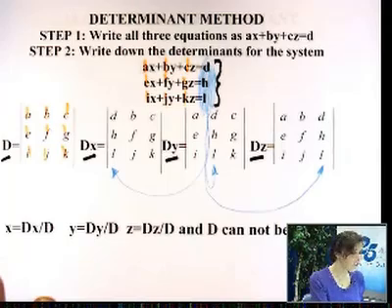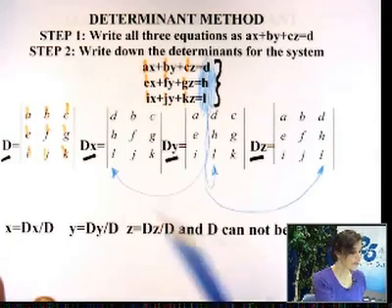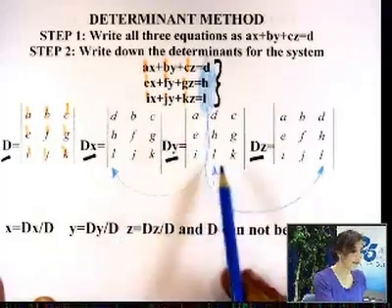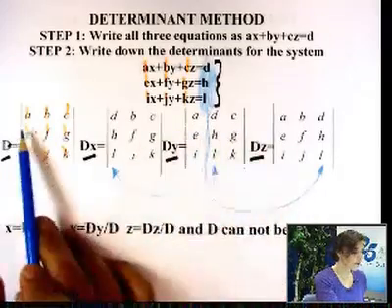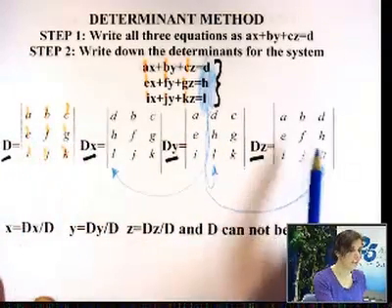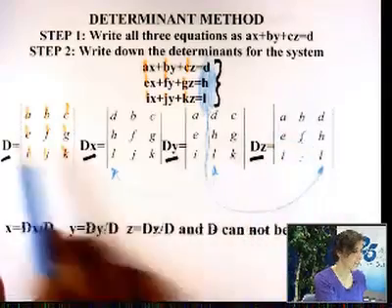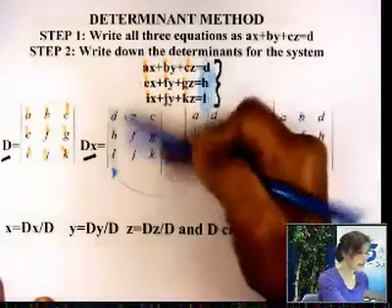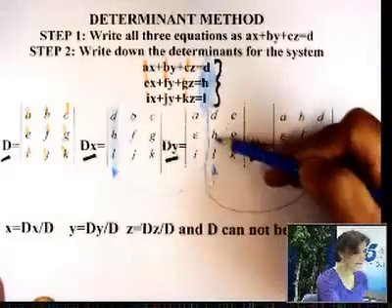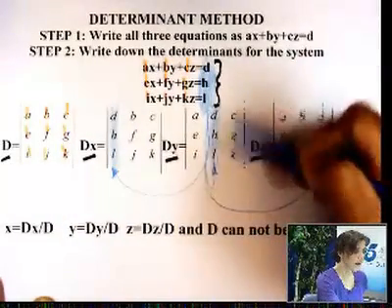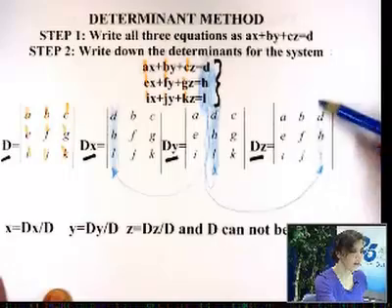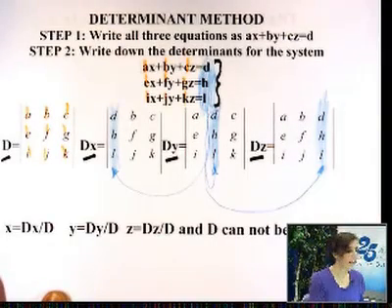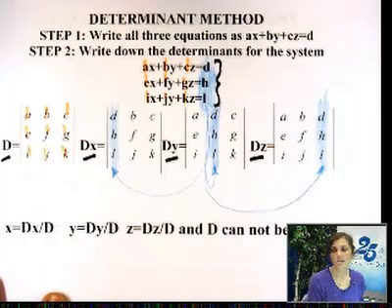Now everything else is going to be the same. You see B, F, J, da, da, da. These two columns are the same. In this case, these two columns are the same as these two. And in this case, these two columns are the same as these two. So what did I do here? In the x column, here in the y column, here in the z column. All right? And the rest is going to be orange.